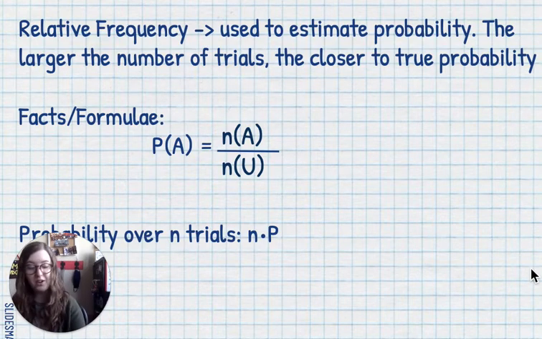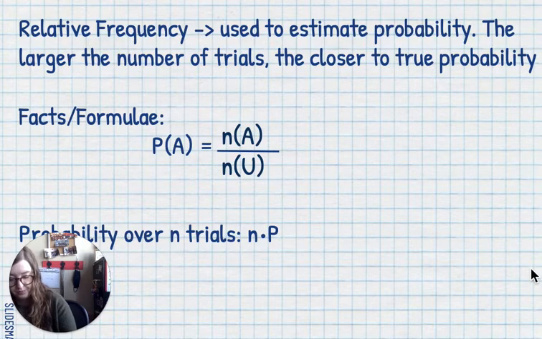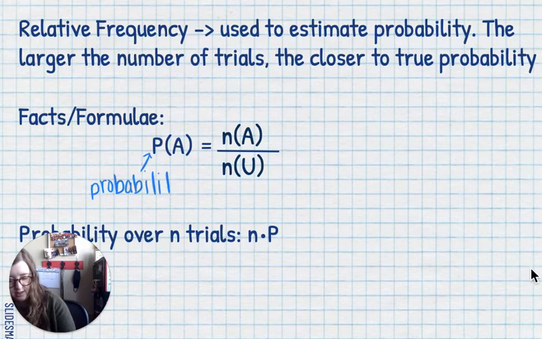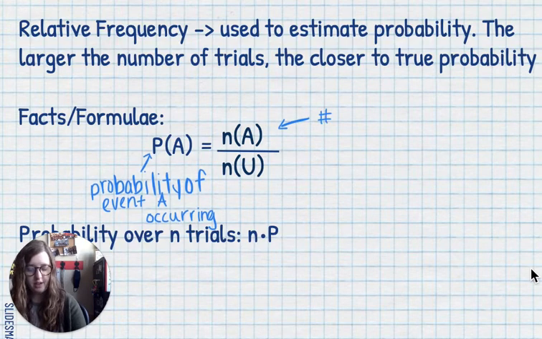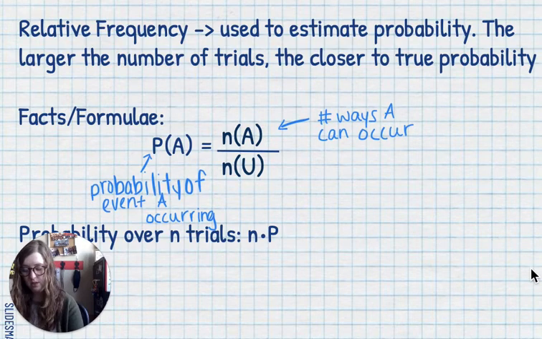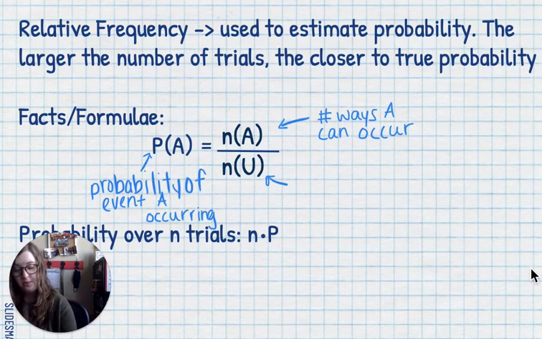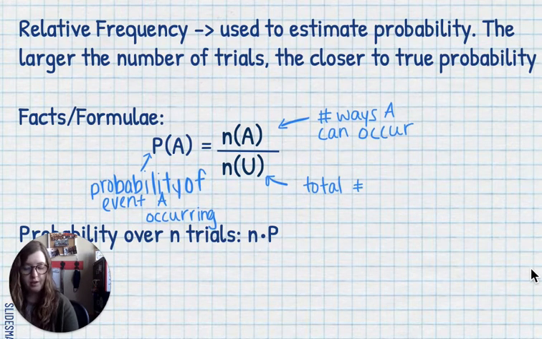Okay, so first of all, P of A, that means probability of event A. Probability of event A occurring, the way we're going to find that is we're going to have the number of ways A can occur, divided by the total number of outcomes.